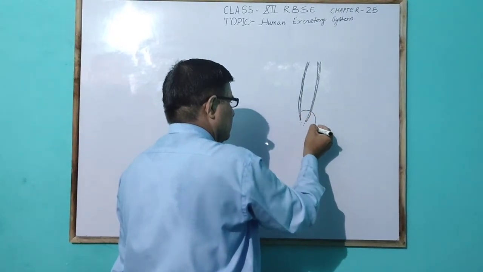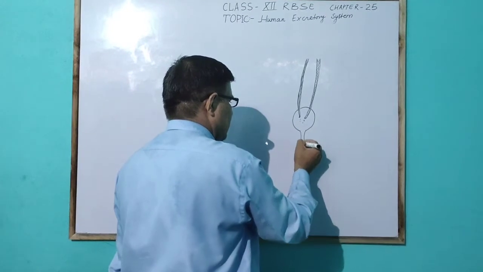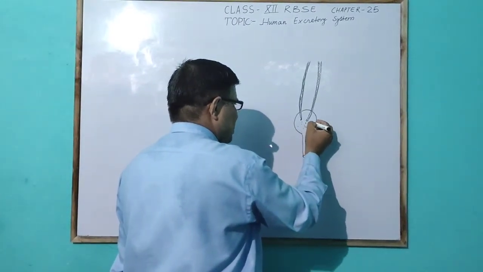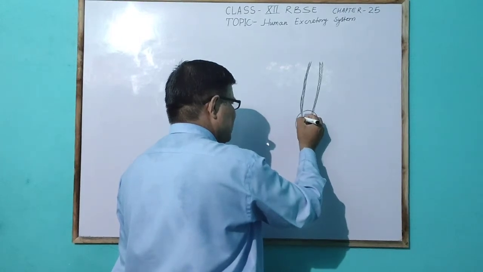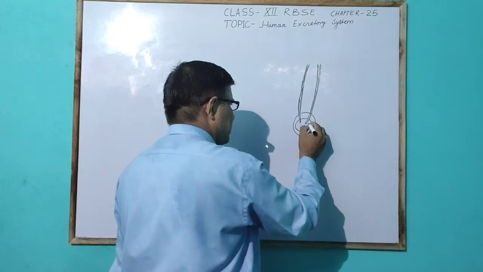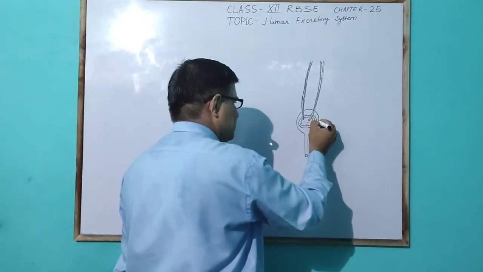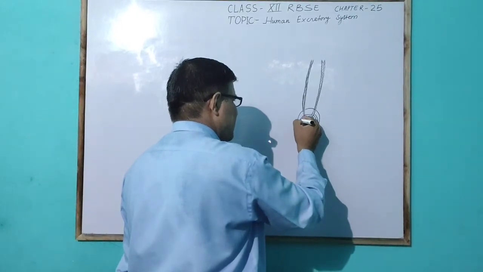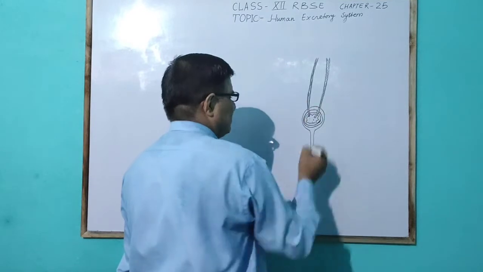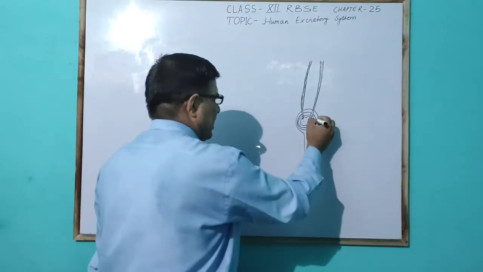This is the urinary bladder where urine is collected, and the urinary bladder has squamous epithelium on the inner side, outside of it the presence of striated muscle, and outside of that the presence of an outer peritoneum layer.